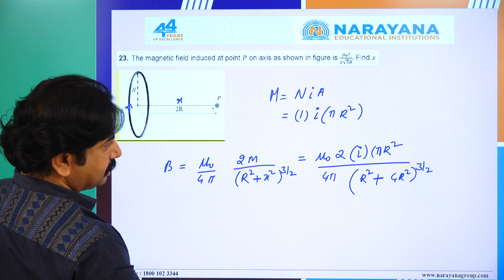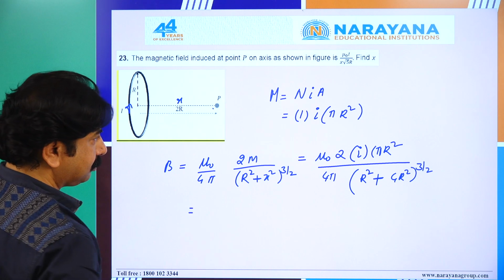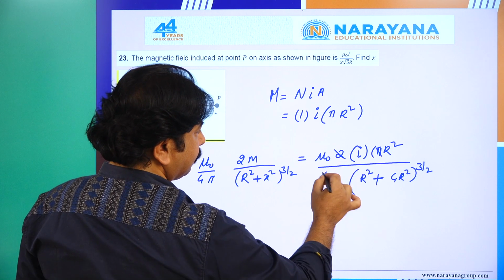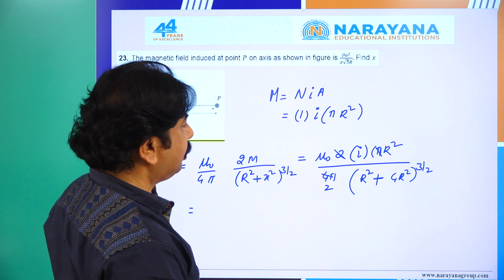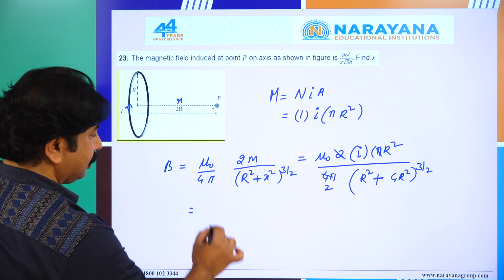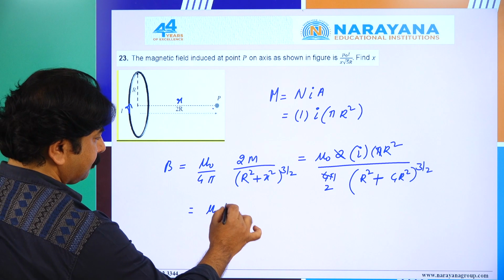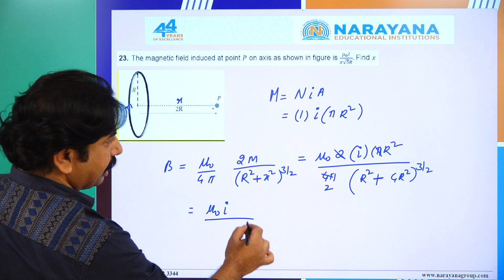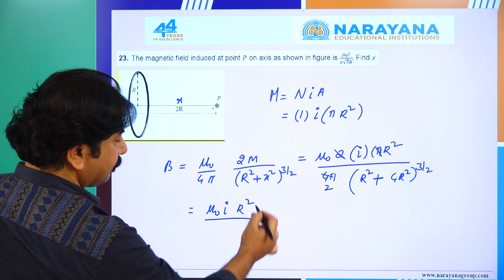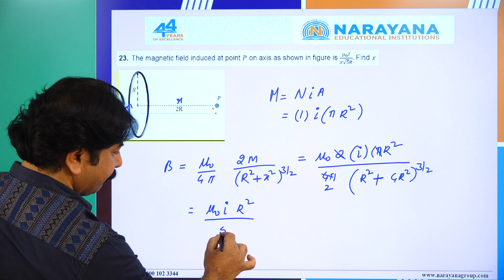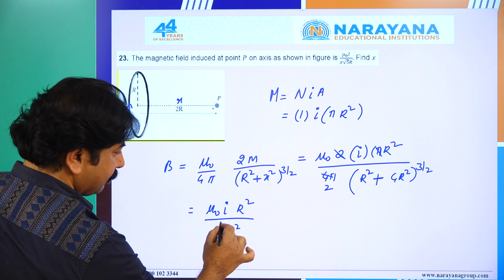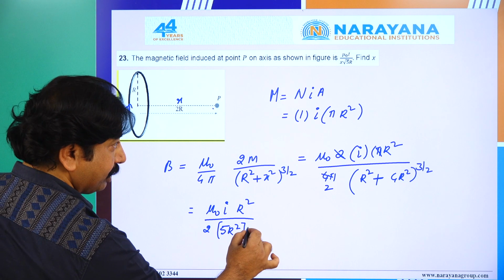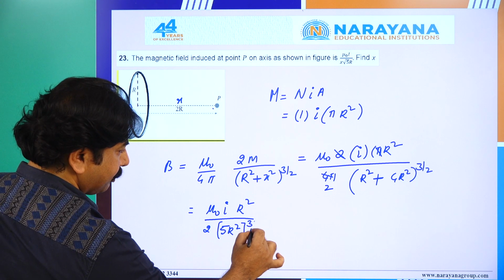So finally, mu naught I into r square by 5r square whole to the power of 3 by 2.